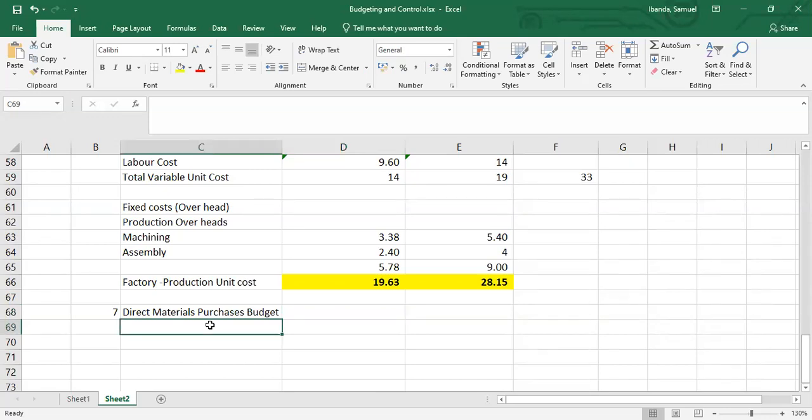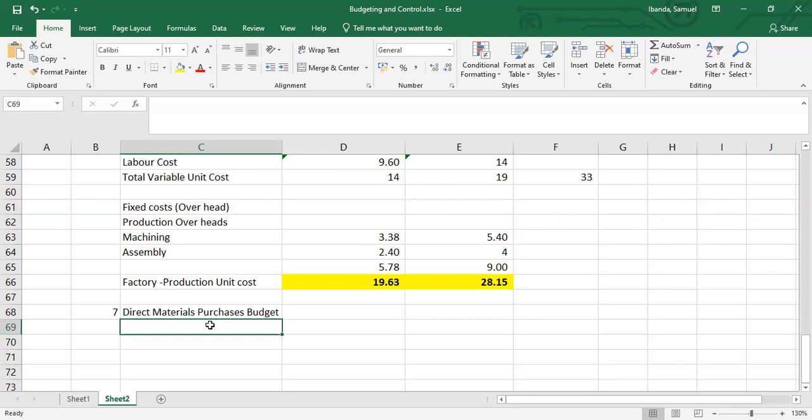The material usage budget looks at it in totality, and within the usage we have some opening stock of raw materials that we started with, and those will back up what we shall purchase, and then we shall also have something to close with. So that is all within the direct material usage budget: what exactly are we going to use in production?